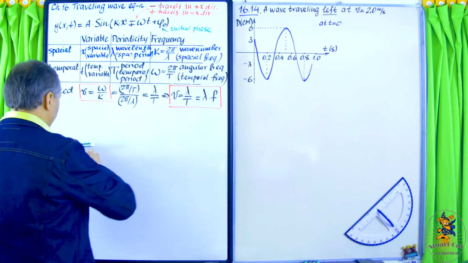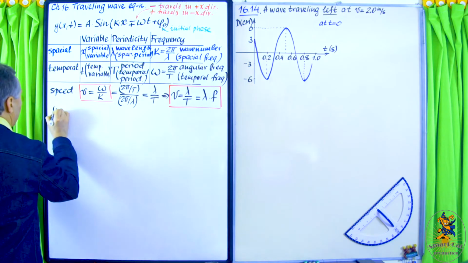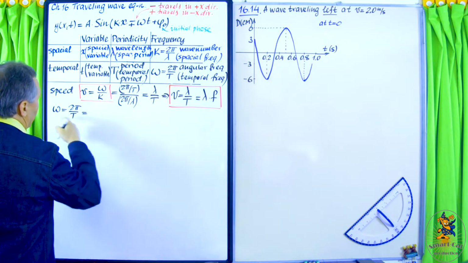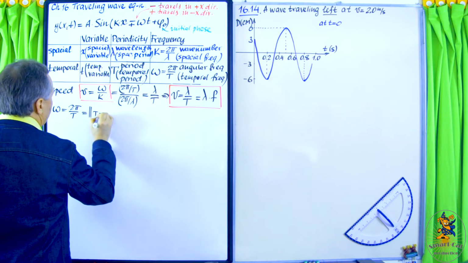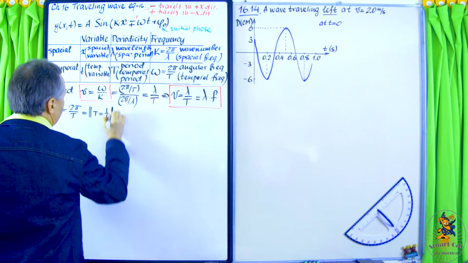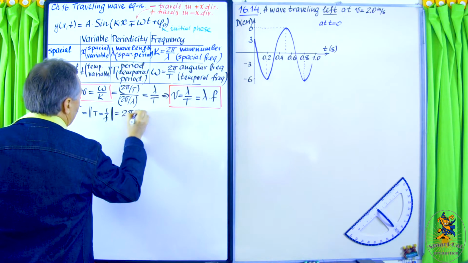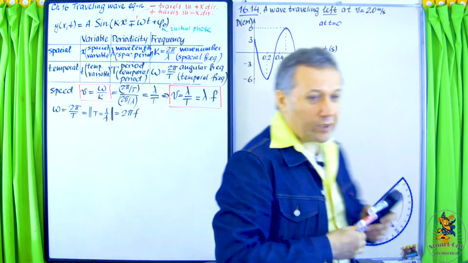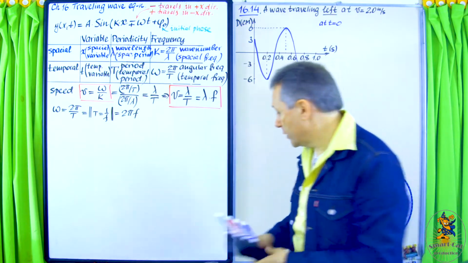So omega equals 2 pi divided by T, or again, since T is 1 over f, we can write it as 2 pi f. Okay, that's what I wanted to review.